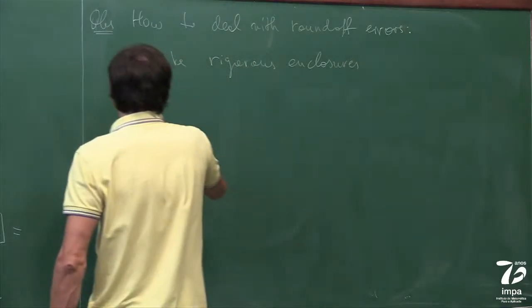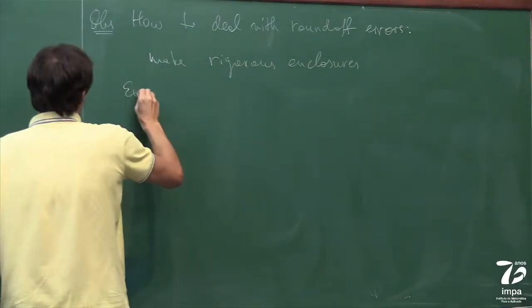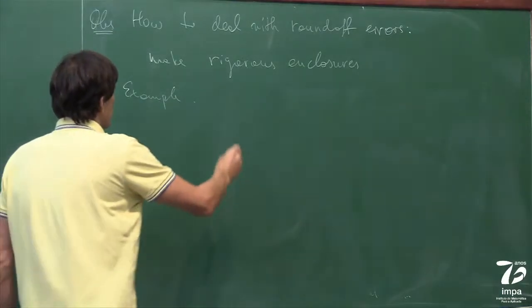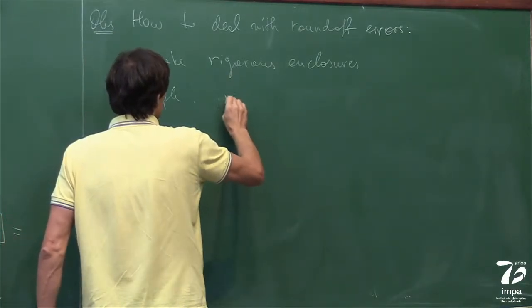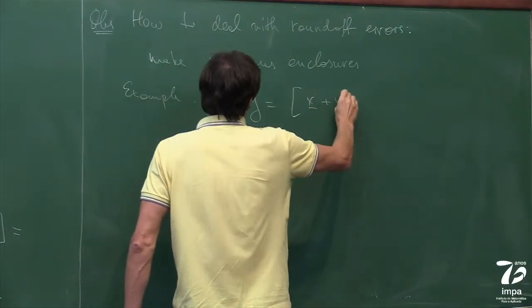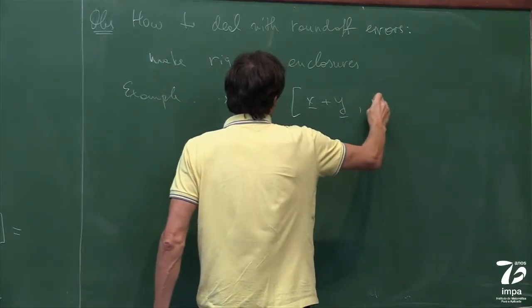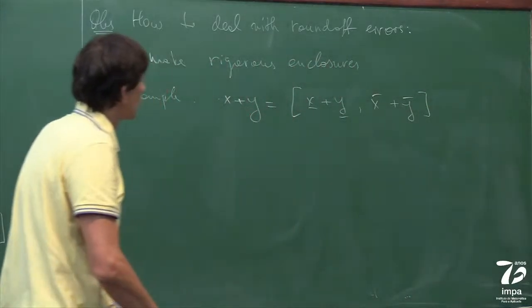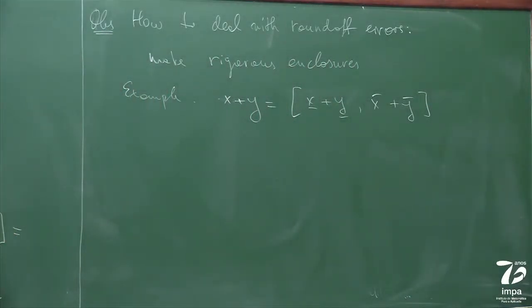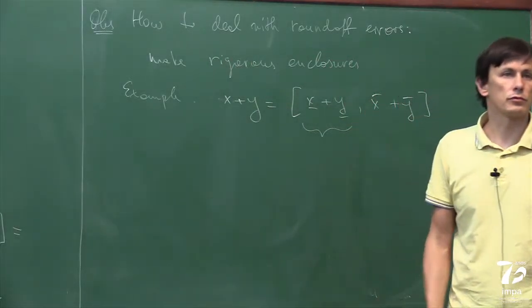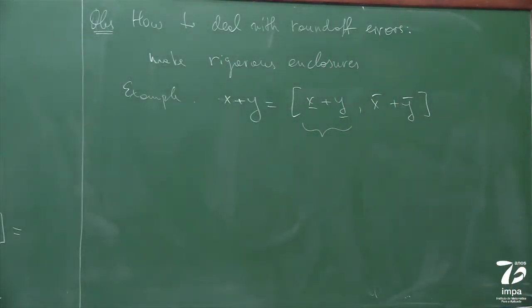So what does it mean? It means, for example, you want to add two intervals. So this is an operation where you have round-off error, which means that you always have to make some truncation, either chopping or rounding or whatever.